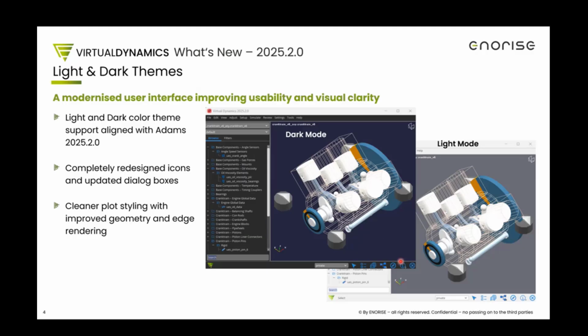So now you have the ability to toggle the application appearance between these light or dark interface configurations, which provides a modern and cleaner look. Also, this new color palette comes with a completely redesigned set of icons and dialog boxes. And one of the effects is that it gives now cleaner plots and icons.